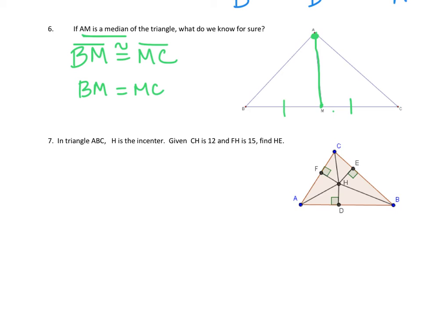All right. In triangle ABC, that's this whole triangle, H is the incenter. That means it was formed by the angle bisectors.